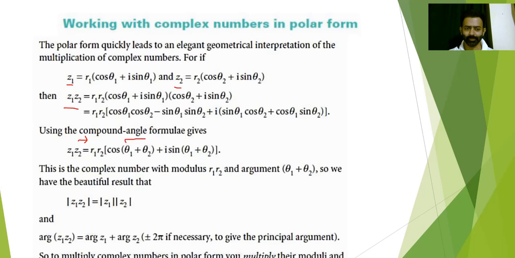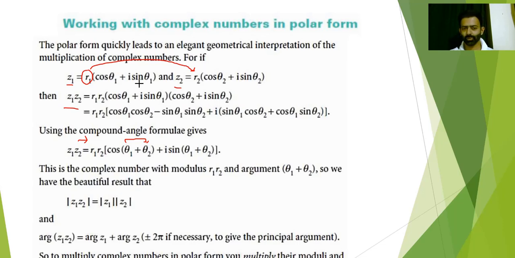Using the compound angle formula, what we did here is multiply the two complex numbers. We can multiply r1 with r2 separately and then multiply the trigonometric parts, cos theta 1 plus i sin theta 1 into cos theta 2 plus i sin theta 2.